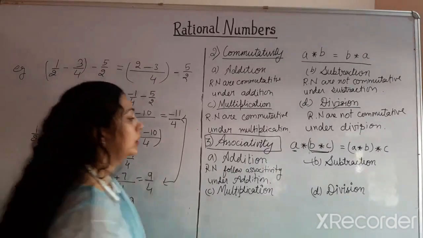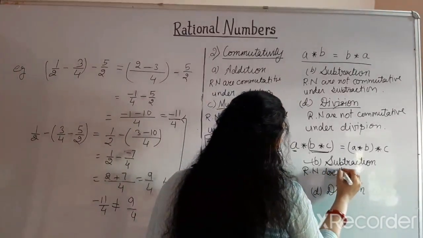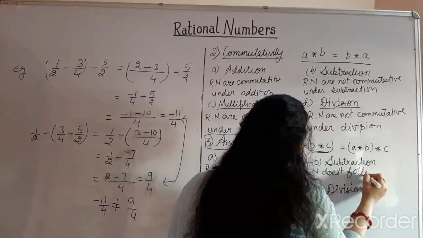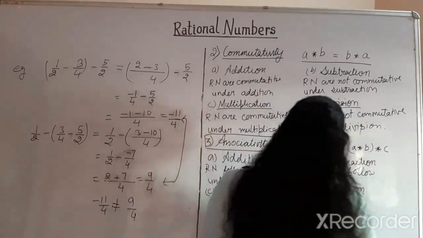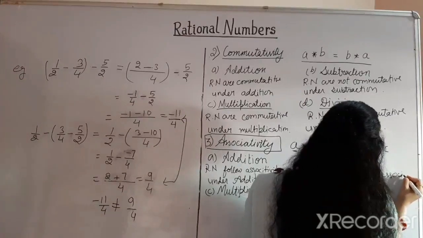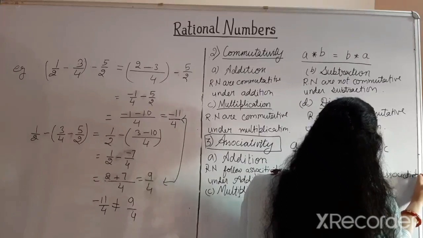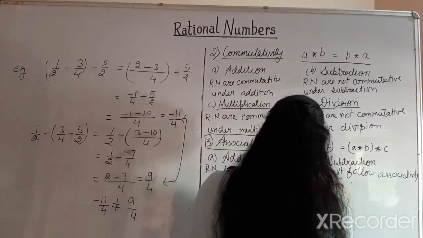So we can say that rational numbers don't follow associativity for subtraction.